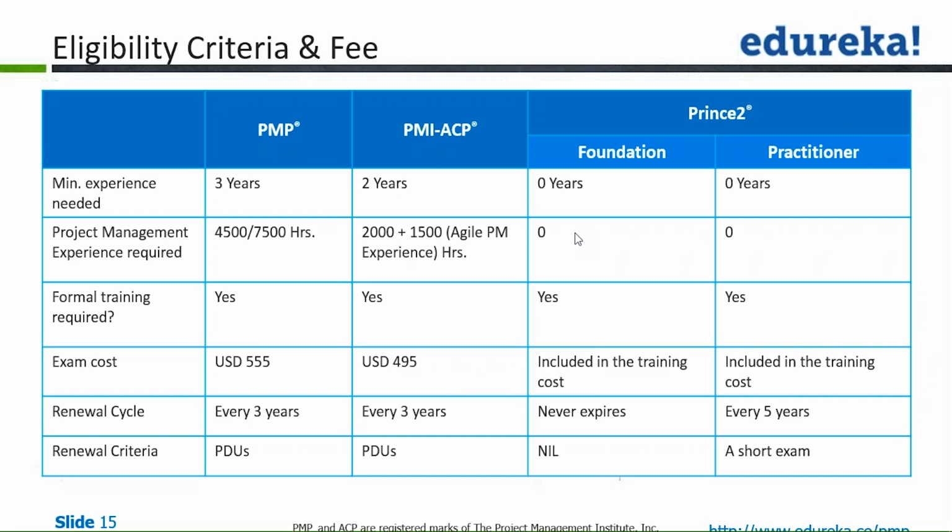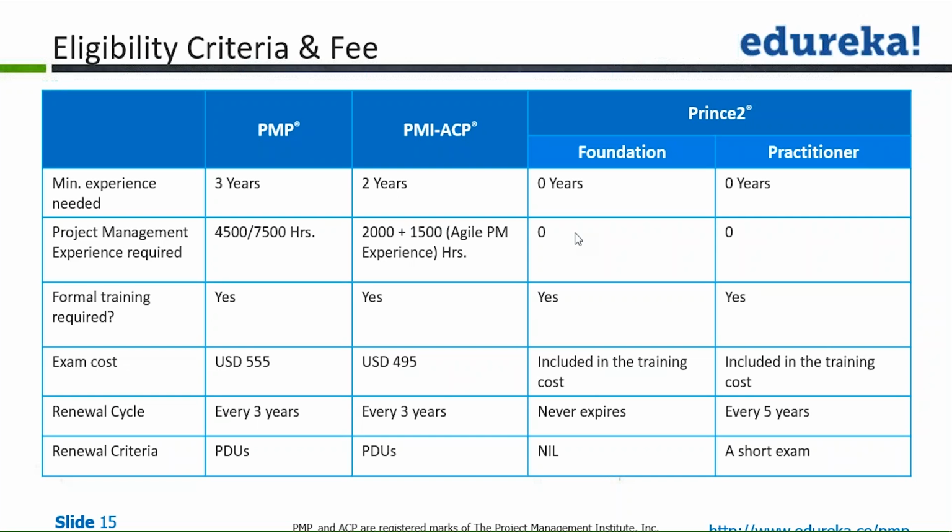Along with that, you'll also get access to all the slides that the trainer is going to share in this session. You'll also get a quick reference guide, a very handy snapshot of all the processes, with all the acronyms, key definitions, and important formulas for numerical questions as well.